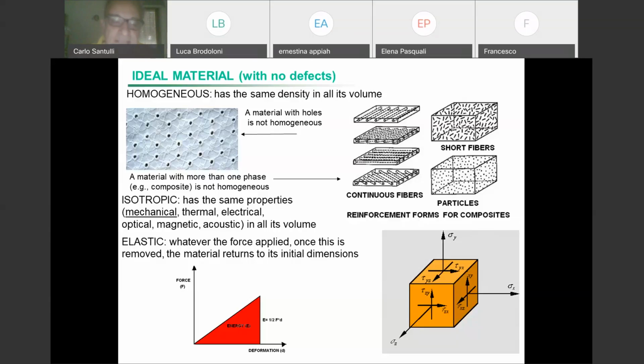But apart from that, I've said all this to say that metal, steel, is quite close to the ideal material. That's why when we start investigating material science, we always start from steel, even if we are not using steel. We start from how steel behaves, and then we see how our materials are far removed from steel.